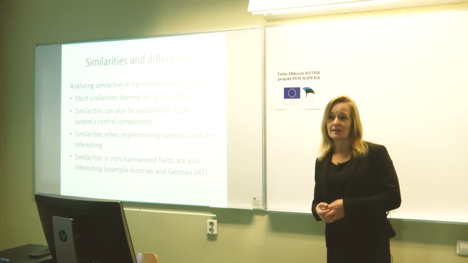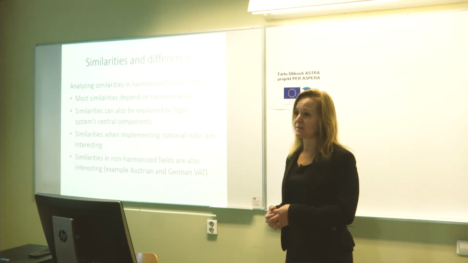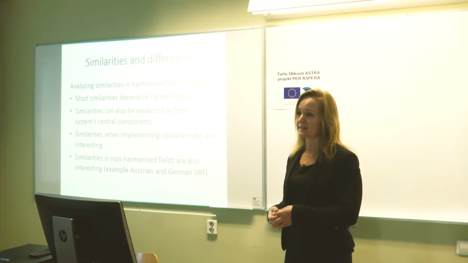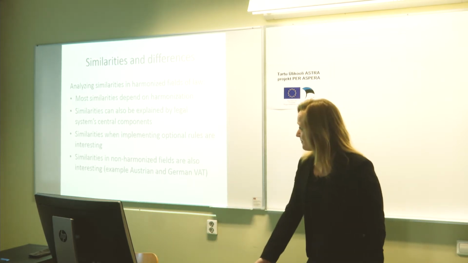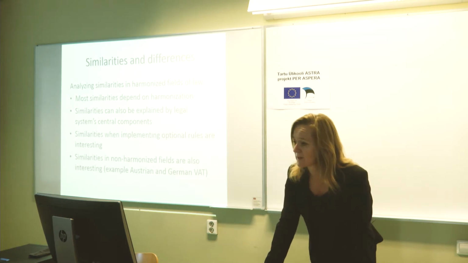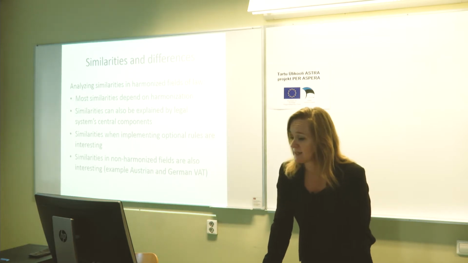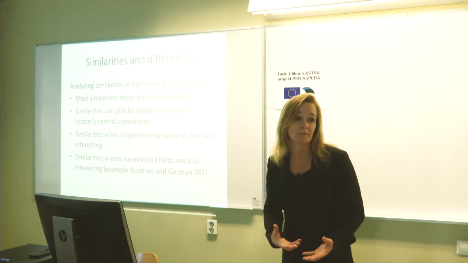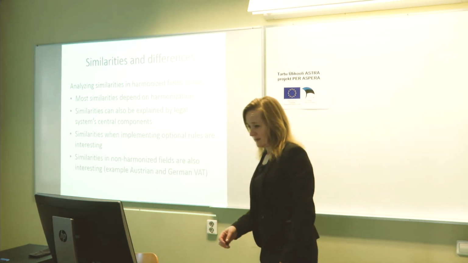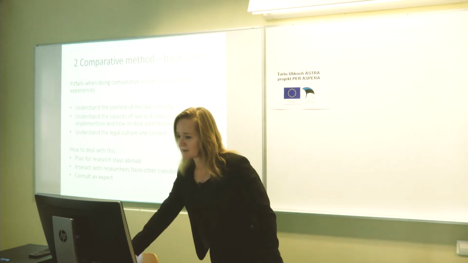That depends on that it was the same during the Second World War, and after that sort of survived in the German and Austrian value-added tax codes. But if you find similarities where there is actually no harmonization, that is also interesting, of course.